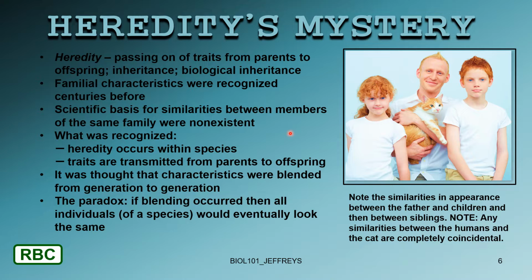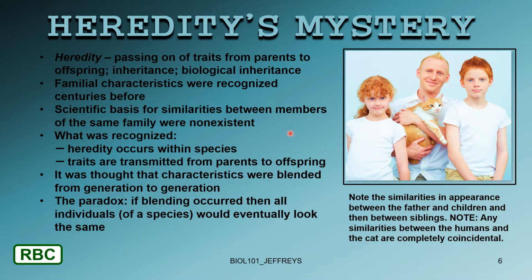Now, what was recognized is that heredity occurs within species and the traits are transmitted from parents to offspring. And it was thought the characteristics were blended from generation to generation. But that, of course, is not always true. So the paradox is, if blending occurred, then all individuals of a species would eventually look the same, right?